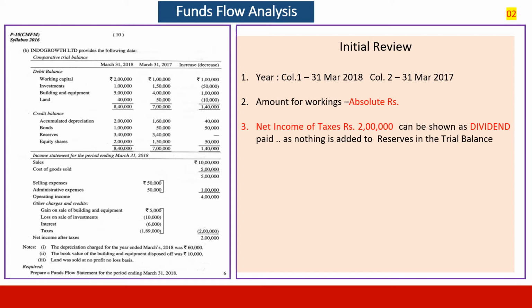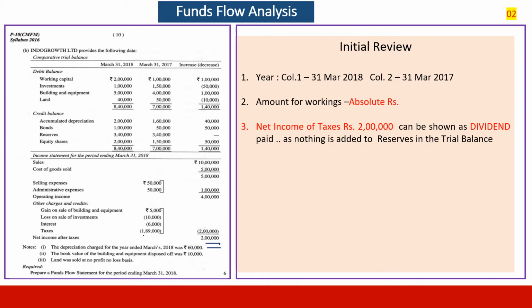Net income after taxes is a figure which is available here, 200,000 or 2 lakhs. We can keep it as profit carried forward, or we can treat it as dividend.